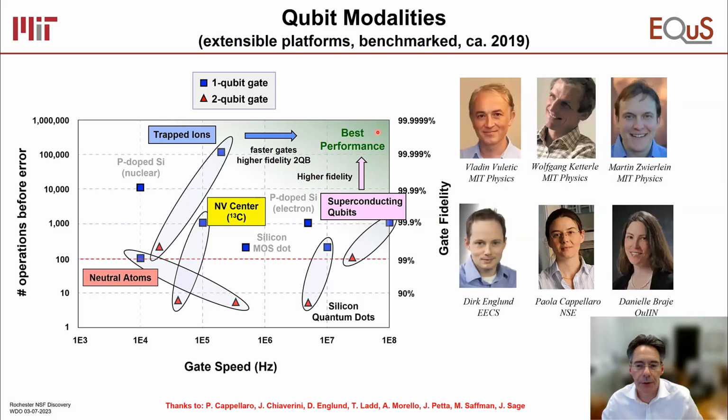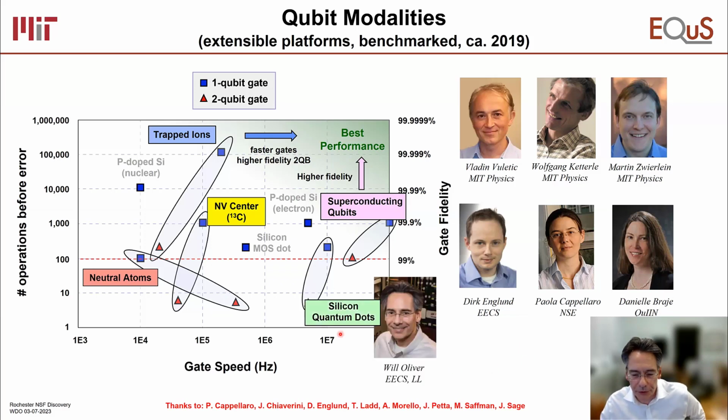Now, other qubit modalities that are up and coming, one is neutral atoms, which have made a lot of progress in the last couple of years. Here are some of my colleagues at MIT. And NV centers can be used, nitrogen vacancy centers in diamond can be used for quantum computing, and here's some of my colleagues at MIT and Lincoln working on it. But where they really shine is as magnetic field sensors, quantum sensing.